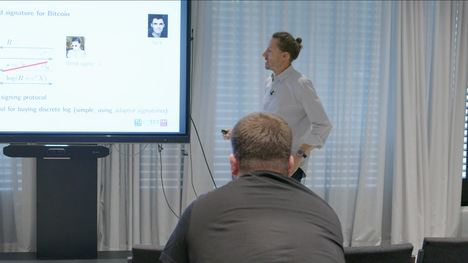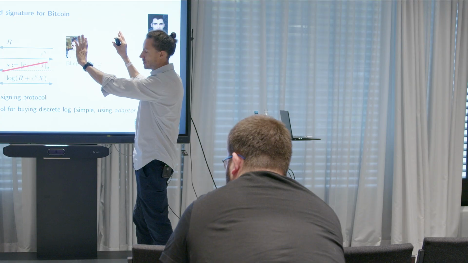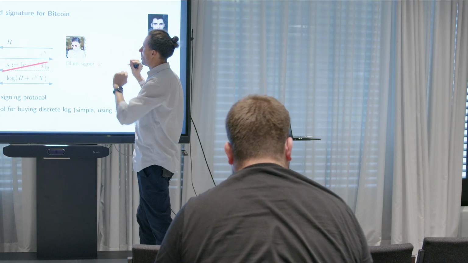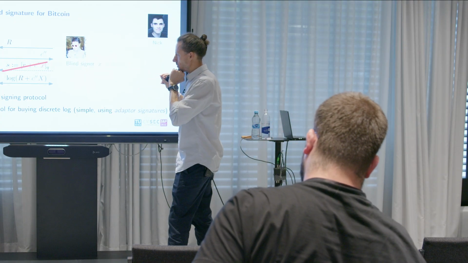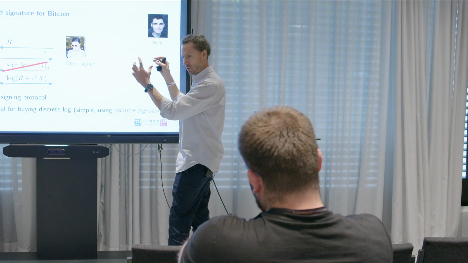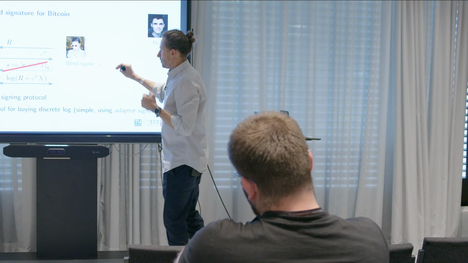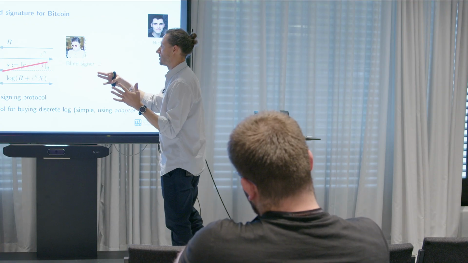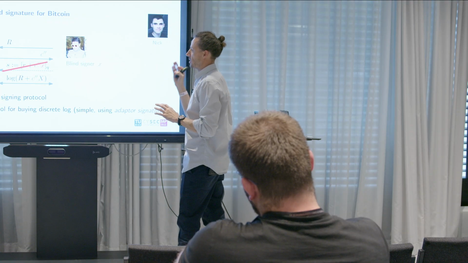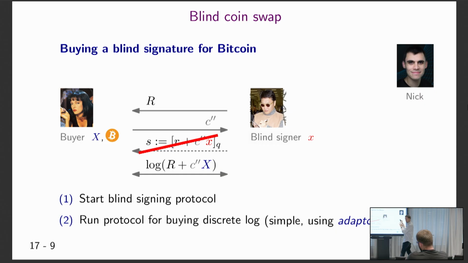No. So the idea is that both of them set up a multi-sig transaction, which kind of fixes the first element of the multi-sig, so this R. And now the seller of the discrete log basically returns this S value, but shifted by the log it wants to sell, and only then will the other party sign its part.